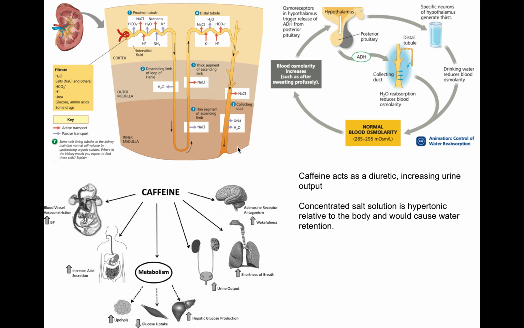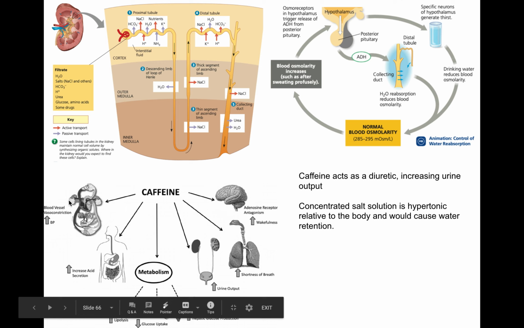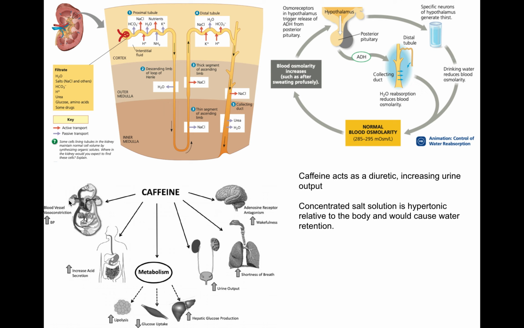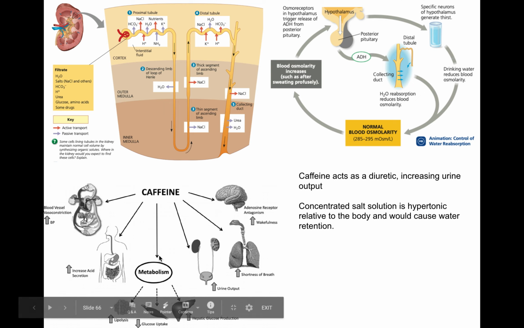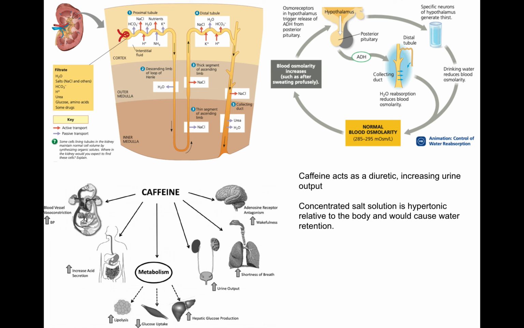So why is coffee something that would make you produce more urine? Caffeine actually acts as a diuretic. It increases urine output, all right? And so here are a few different things that caffeine will actually do. It increases blood vessel vasoconstriction, so it increases your blood pressure, increases acid secretion, changes metabolism, where it increases lipolysis, decreases glucose uptake, increases hepatic glucose production.